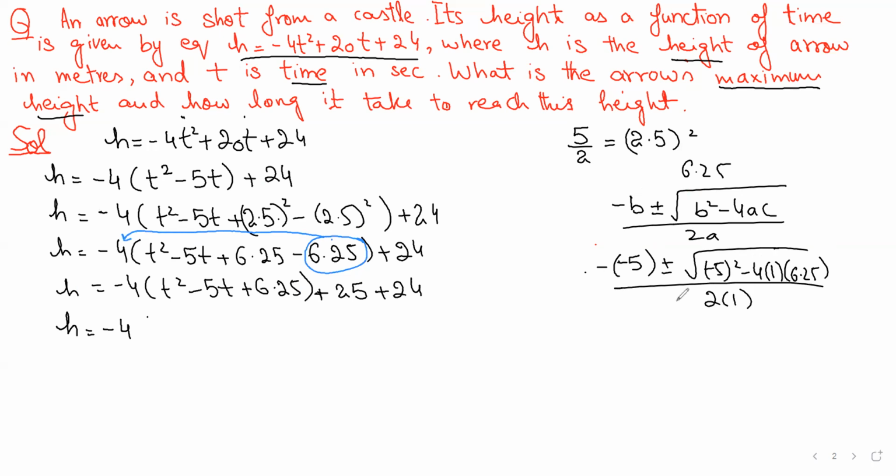So when I solve it, I will get two values. One value is 5 over 2, while the other is a negative value. I'm going to use the positive value here because a negative value is not allowed.